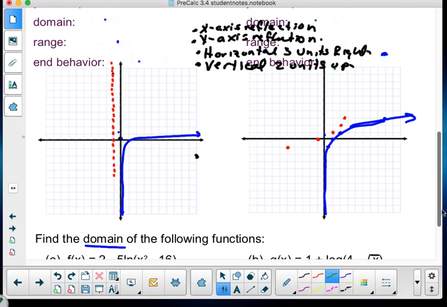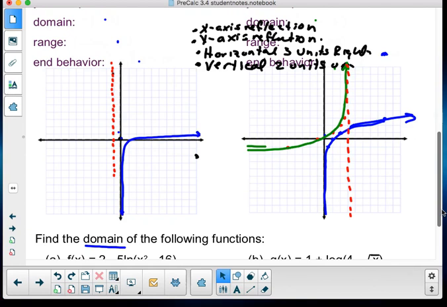So here's the deal. I'm looking at a function that's coming through here. Its asymptote is right here at x equal 3. Does that make sense?